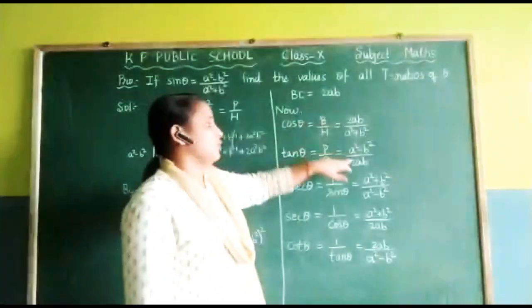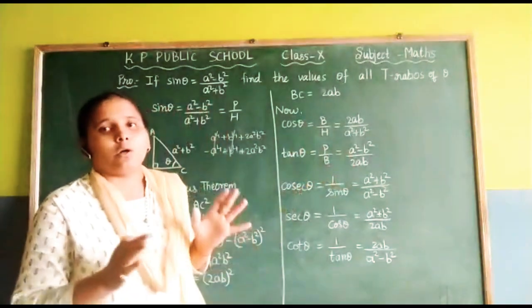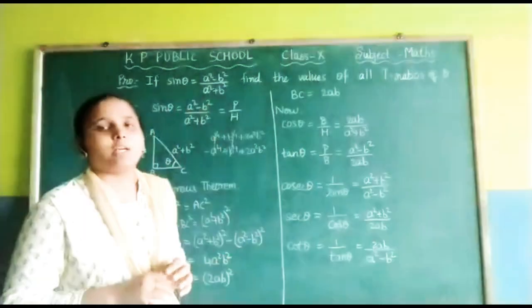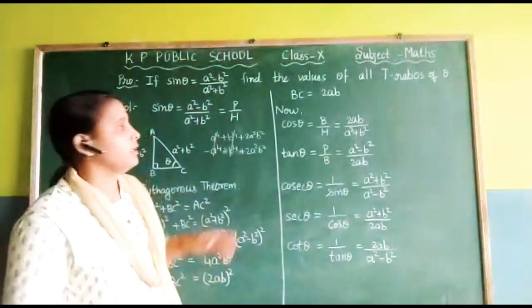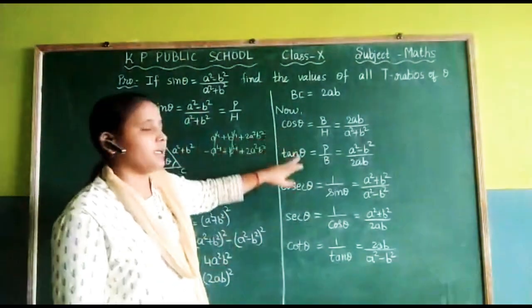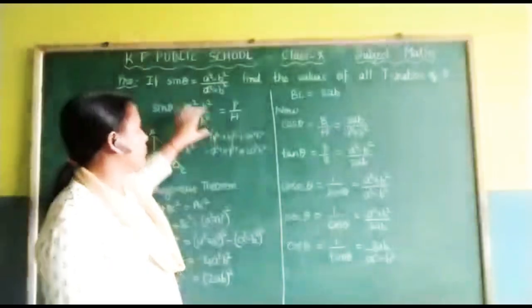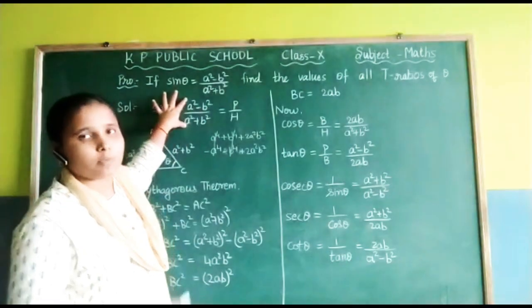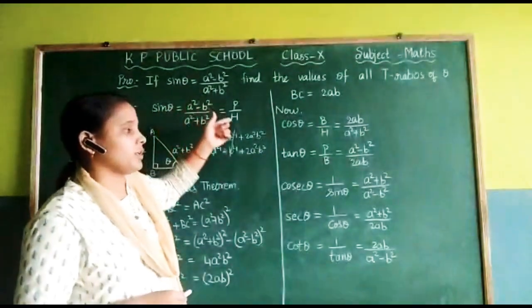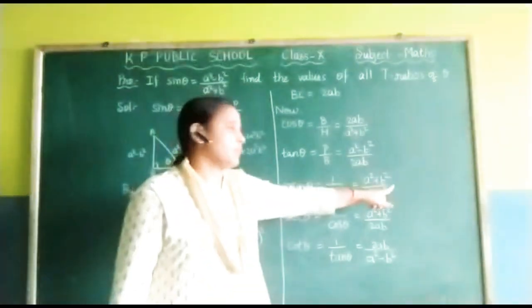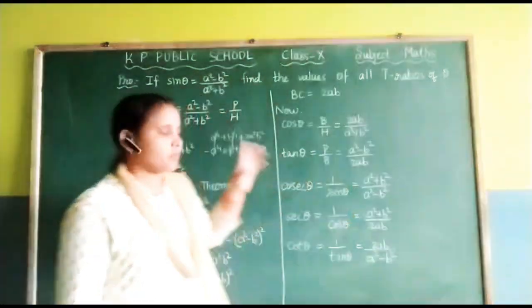Now cosec theta, sec theta and cot theta, all three ratios we can find by using the reciprocal formula. We know sin theta, cos theta and tan theta. So cosec theta is equal to 1 by sin theta. The value of sin theta is a square minus b square upon a square plus b square. We will take the reciprocal of it. So this will become a square plus b square upon a square minus b square.